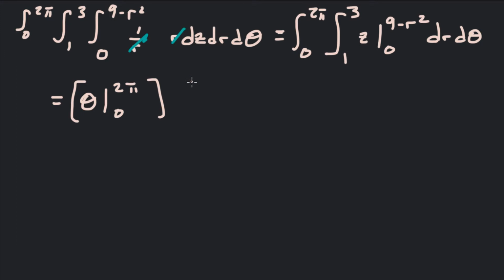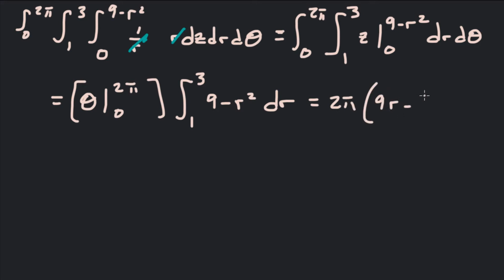And then I'll integrate from 1 to 3, 9 minus r squared dr, which is going to be 2π times, that'll be 9r minus r cubed over 3 from 1 to 3.